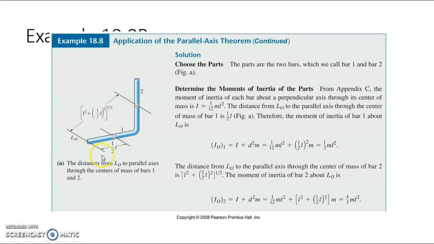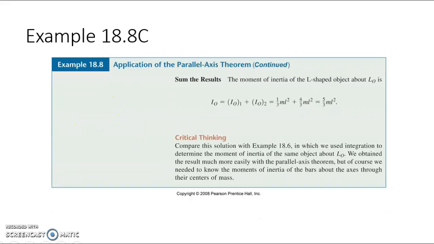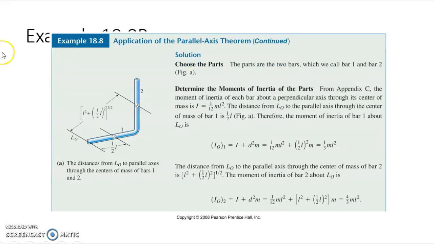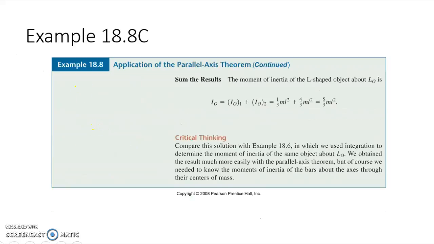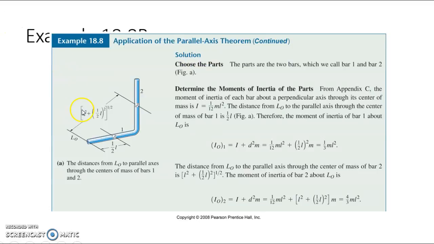Now, this axis L naught is still parallel to this one here. The only thing we need to calculate that we don't know is the distance d between them. And if you look carefully, just applying Pythagoras' theorem, we can see that d will be given by the total distance here, L squared, plus this distance here, L over 2 squared, and that would be d squared.